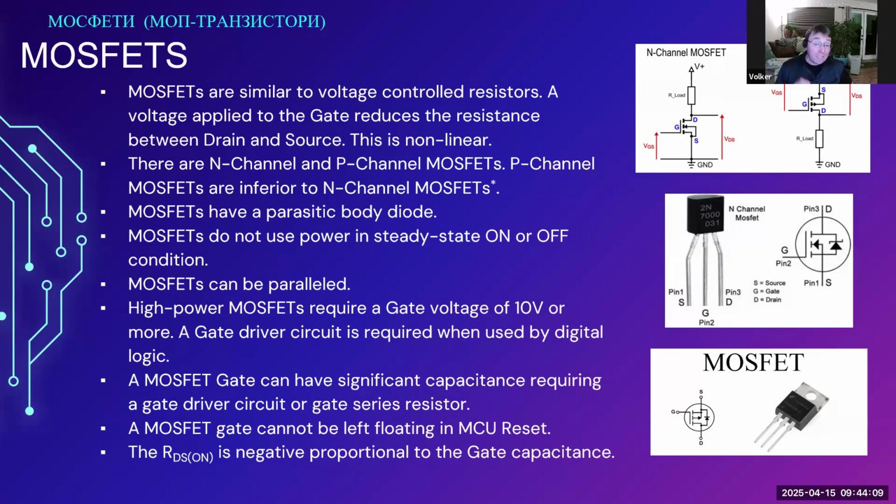However, if you're doing the same thing with a MOSFET, the MOSFET can pick up stray EMI, it can pick up radio frequency interference of some sort, and it can float high. And it can accidentally turn on when the microcontroller is in reset. And that can be a very subtle problem that creates catastrophic consequences.